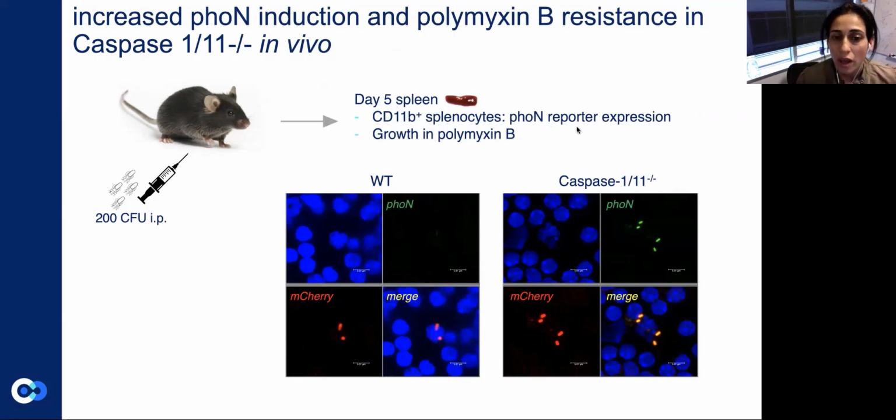We measure expression of the 4N reporter, and we also measured growth in polymyxin B. And hopefully what you can appreciate here, we're working on quantifying this data across multiple mice and multiple fields, but it's a pretty all or none phenotype.